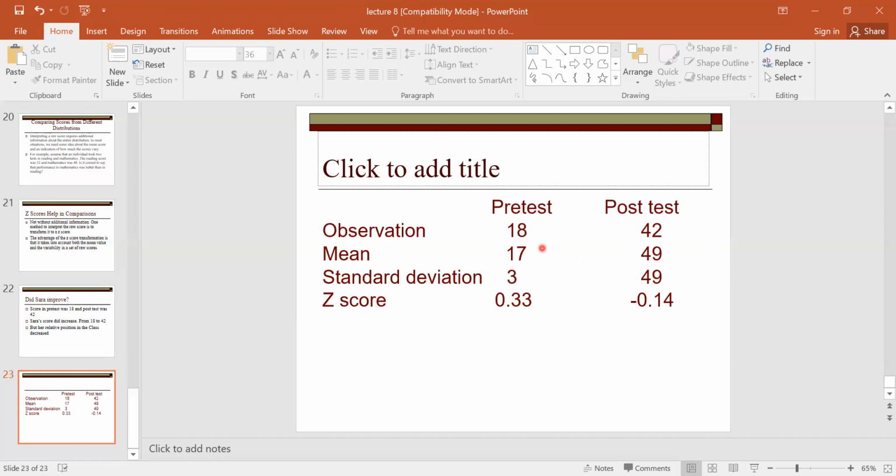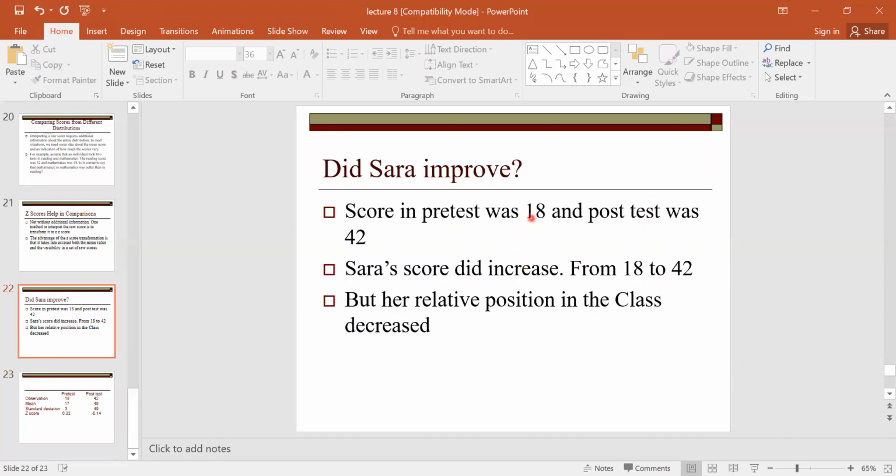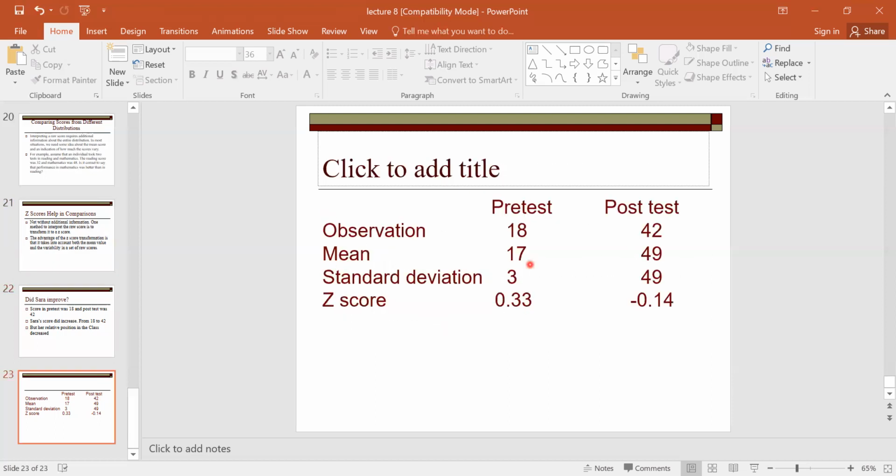But if we see the scenario here, Sarah increased her marks from 18 to 42. But on this basis, we cannot say that Sarah performs well in the class, because if we compare the mean and the standard deviation, there is a clear difference. You can see Sarah is close to the mean in the pre-test, with little variation in her marks from the standard deviation.